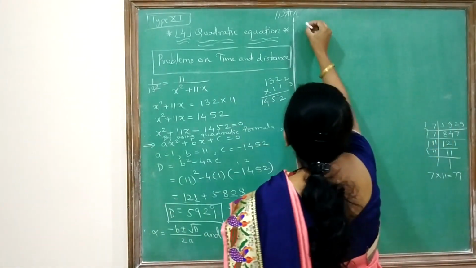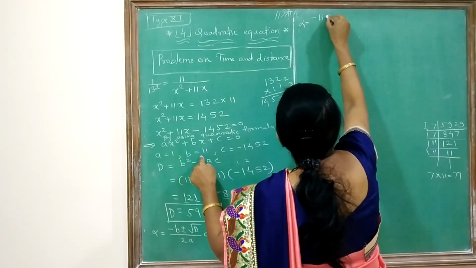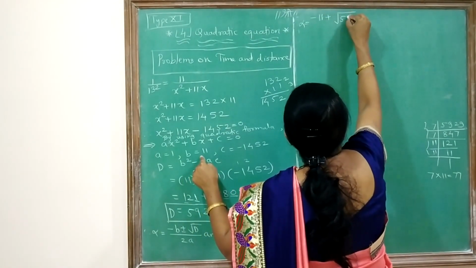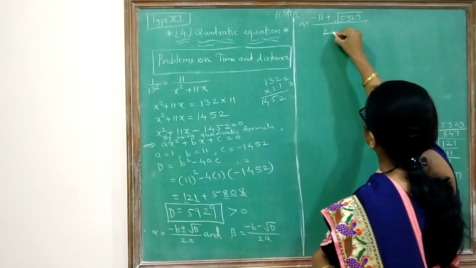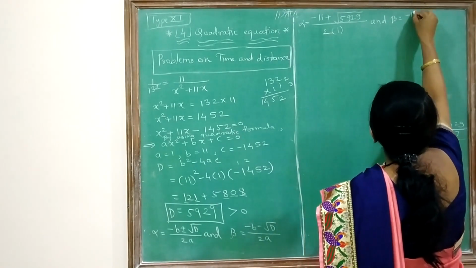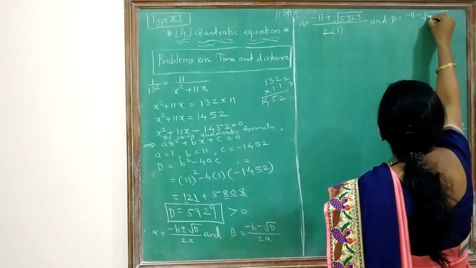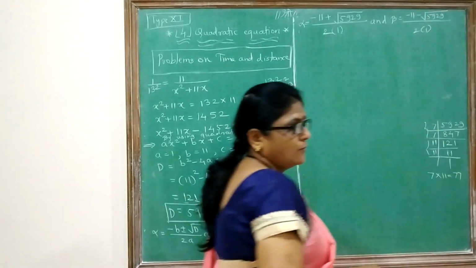Here you will write alpha equal to minus b, which means minus 11, plus root d, which means 5929, divided by 2a. A means 1, and beta is minus 11 minus under root of 5929 divided by 2 into 1.